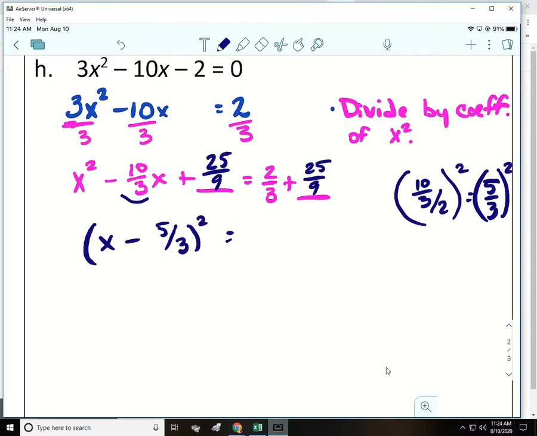Now, adding fractions is not something you guys have done probably without a calculator in a while. So to add fractions, what do you have to have? Common denominator. What is it going to be? 9. Good. So this one, we're missing a 3. To make it a 9, we multiply by 3. But to keep it legal, we do that on the top and bottom of the fraction.